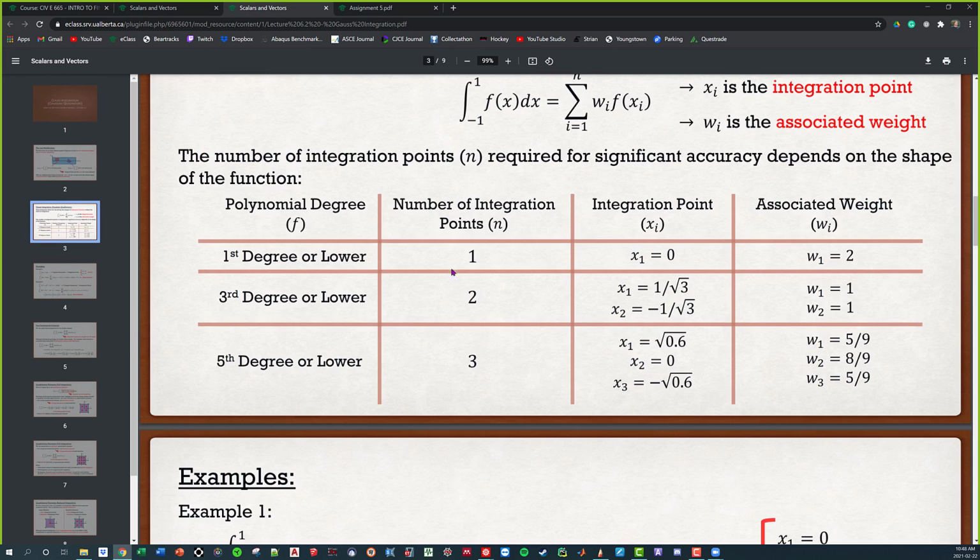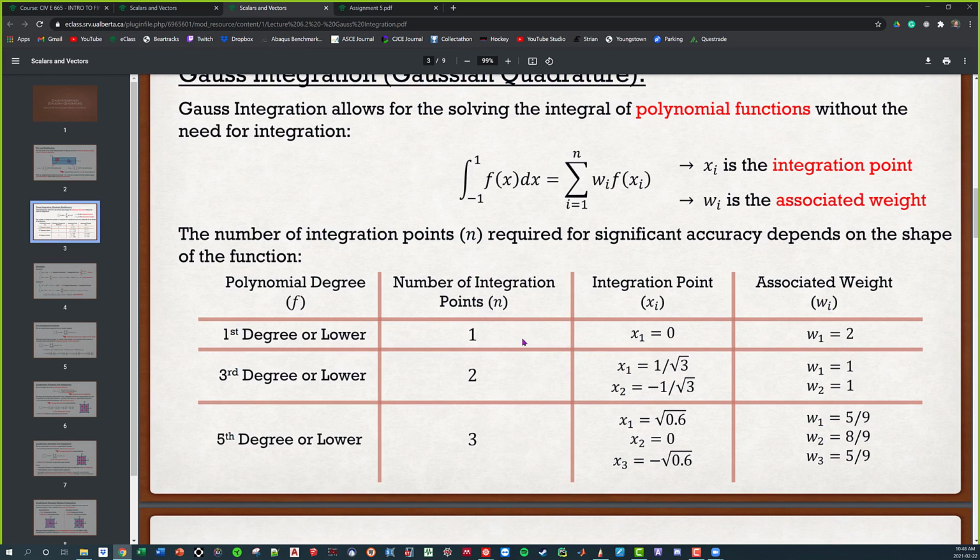So if we're dealing with one integration point, how many actual points are we evaluating our function at? Remember, if we had 2 integration points, we evaluated our function at 4 different locations. If we had 3, we evaluated at 9 locations. So if we have 1 integration point, we are looking at only 1 location.